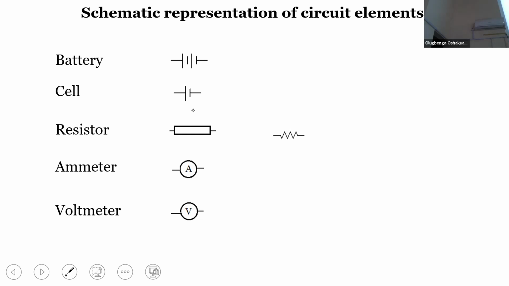When the voltage supply increases, it means that the current flow should also increase. So we may want to think about the voltage supply or the battery to be like a pump. But this time around, it's not pumping water.